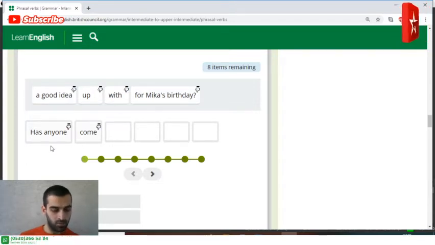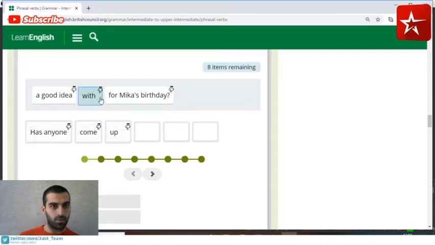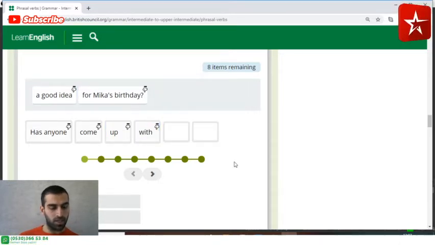Has anyone come up with? Come up. Yes, come up with. That's great. And the rest of the sentence? Has anyone come up with? I'm waiting for your answers. Come up with is a phrasal verb. It has a different meaning.